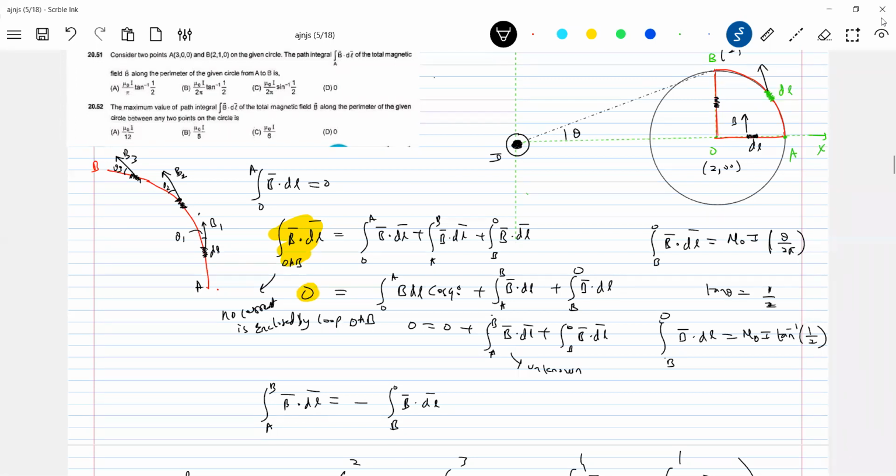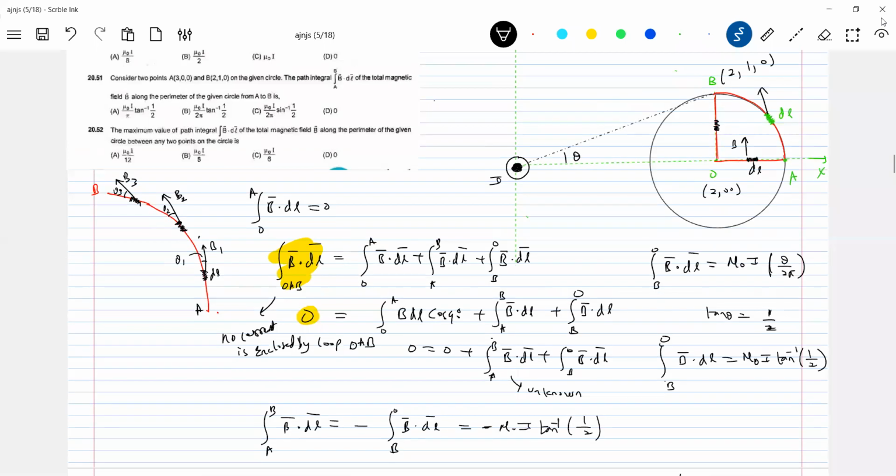So negative of that, it should be this one. Okay, only magnitude. So this is the value of this one. After this, the maximum value of path integral B bar DL on the total magnitude will be along the perimeter of the given circle between any 2 points on the circle.